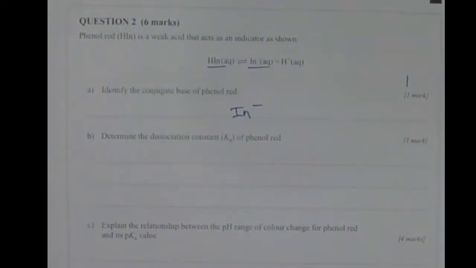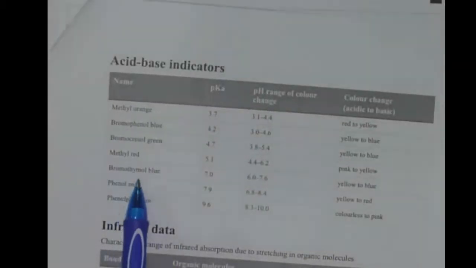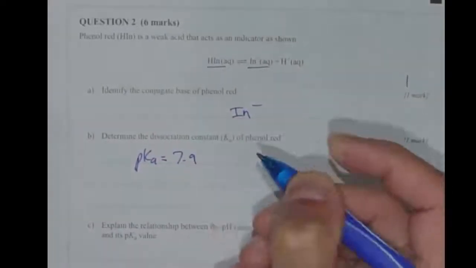Determine the dissociation constant Ka of phenol red. So the data book's got the pKa, so it's doing a Ka to pKa conversion. You have to find out where the indicators are, and then you have to do a conversion. All right, so phenol red has a pKa of 7.9.